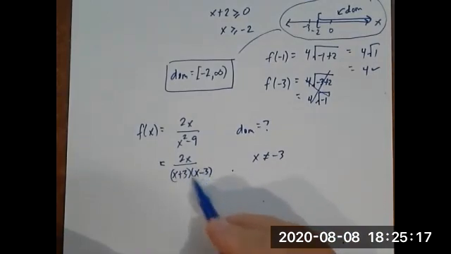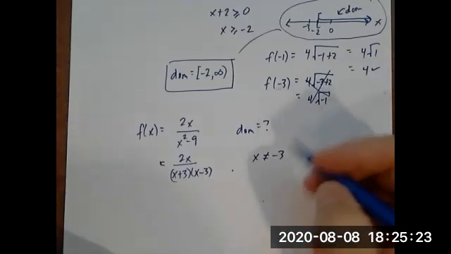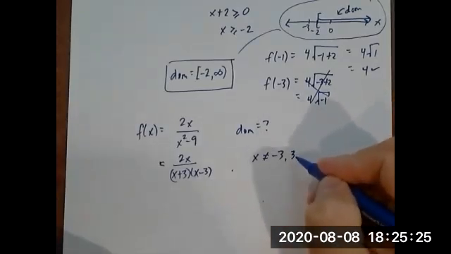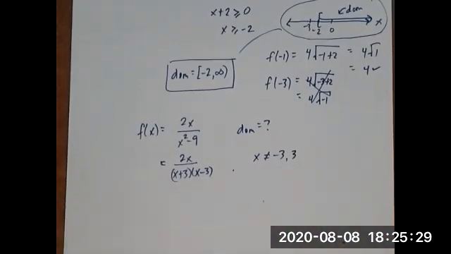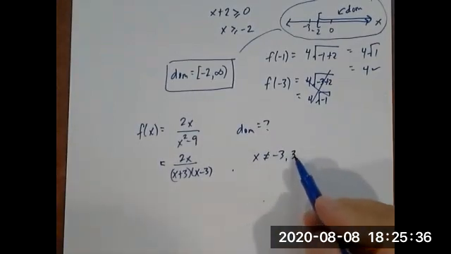How about the second parenthesis in the denominator? What value of x would cause this second parenthesis to equal 0? Actually, if x was 3, the second parenthesis would be 0. And then I have the 0 in the denominator. So there are actually two numbers that x cannot equal.